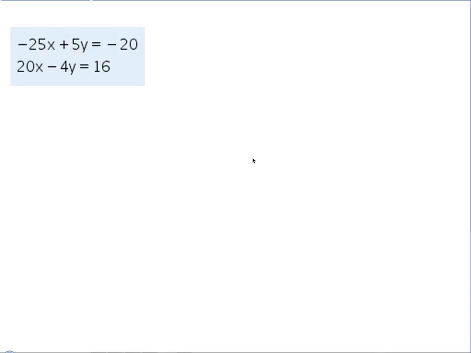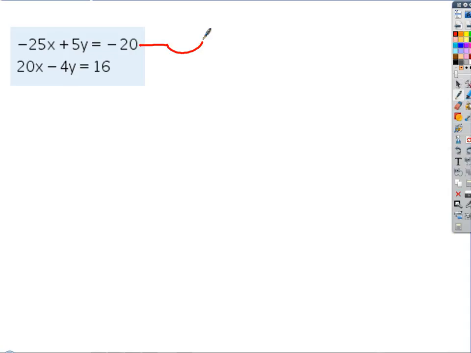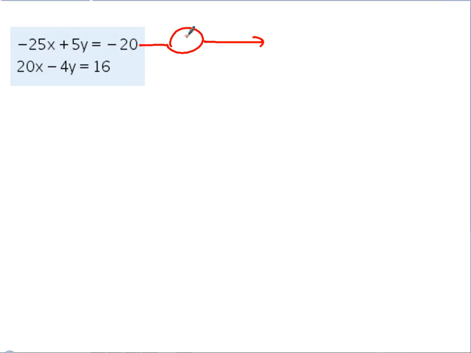Because I can't multiply 4 by anything to get 5, and I can't multiply 5 by anything to get 4, right? So I have to multiply both of them. Well, what's the smallest number that both 4 and 5 go into? 20. So what am I going to multiply the top equation by? 4. And what's that going to give me if I distribute that all the way through?